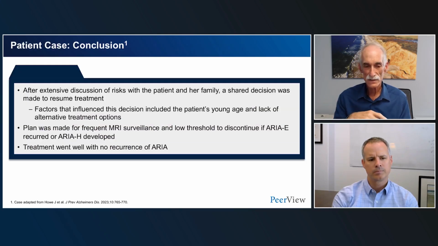So an extensive discussion was held with the patient and the family, and she decided to go back on treatment and was able to do it successfully without recurrence. So there was a good outcome here, but I can guarantee you there's not always a good outcome for a patient like this because the risk profile is so high.